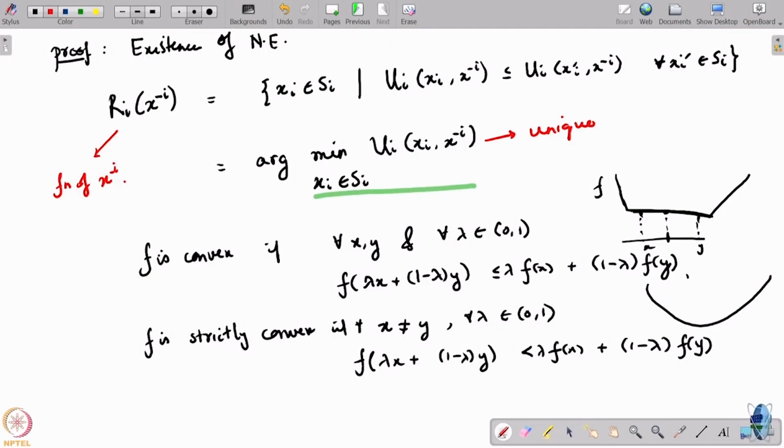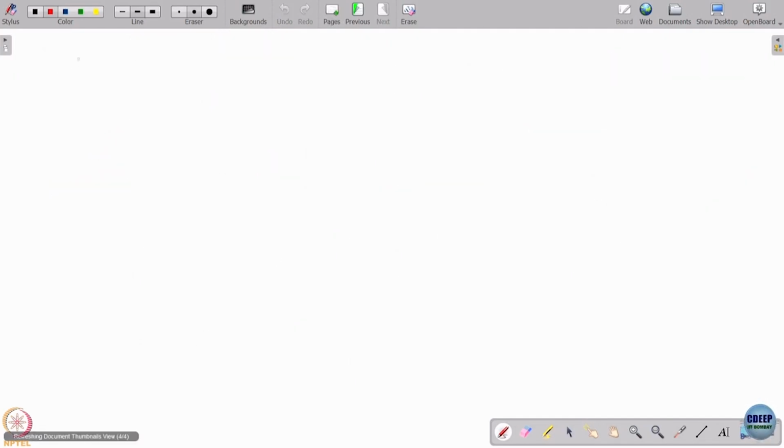So, now we can again as before define R of x as R1 of x minus 1 all the way till Rn of x minus n. What you are doing is just stacking up these n different functions.